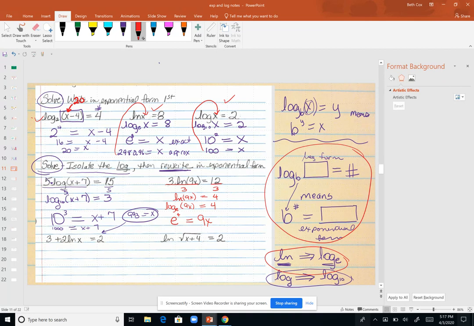Let me finish it. e to the 4th is equal to 9x. Divide both sides by 9, and that's my answer. And I type that in the calculator, and I get approximately 6.066.